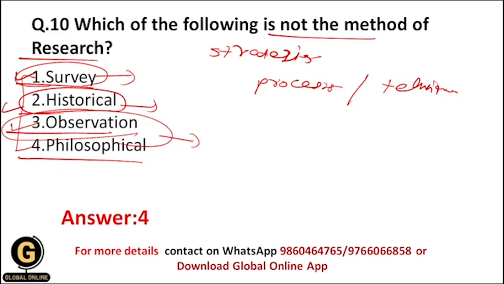Within observation, the researcher can use strategies or techniques such as participant observation and non-participant observation. And that's why all of these are methods of research, but philosophical is not a method of research.